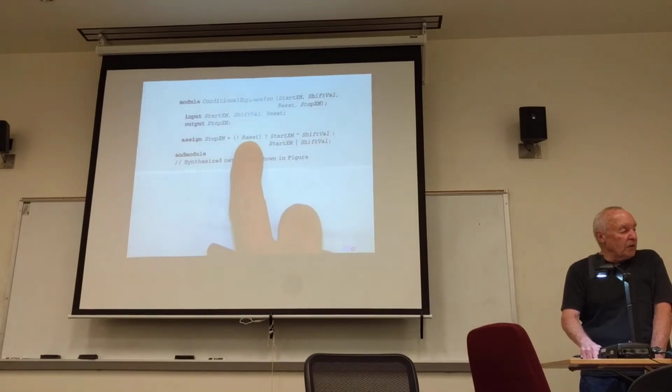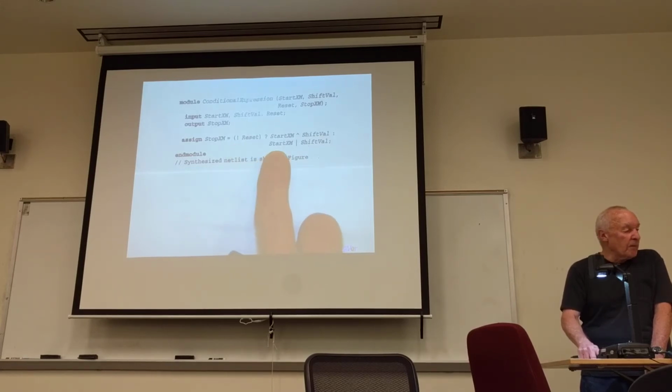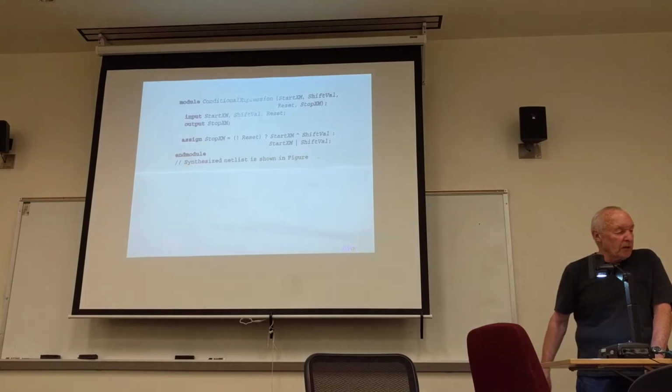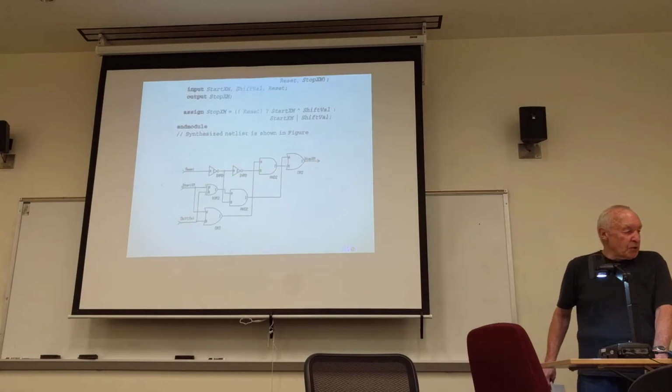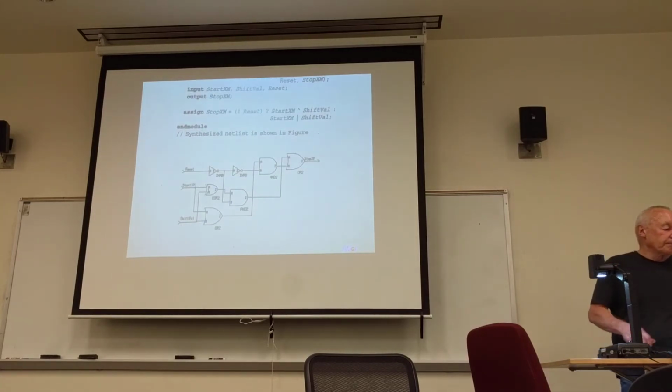And if that is not true, reset is a 1, so the complement of it is 0. Then stop XM is start XM ORed with shift val. That's the circuit that gets implemented.